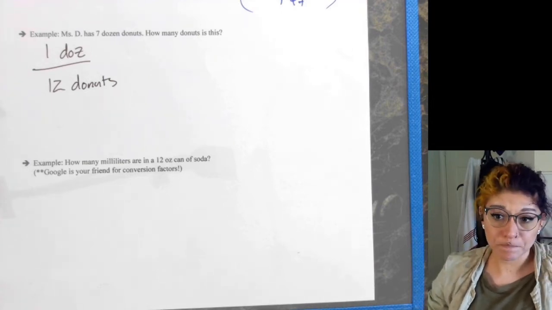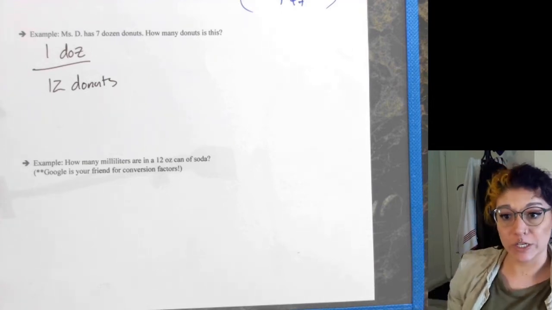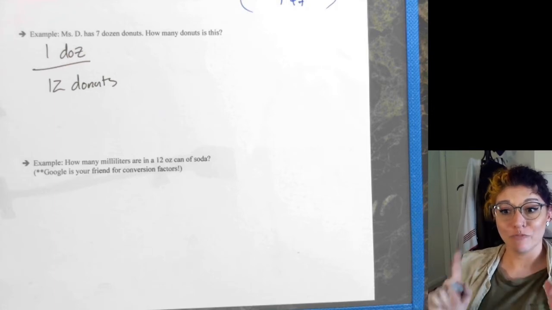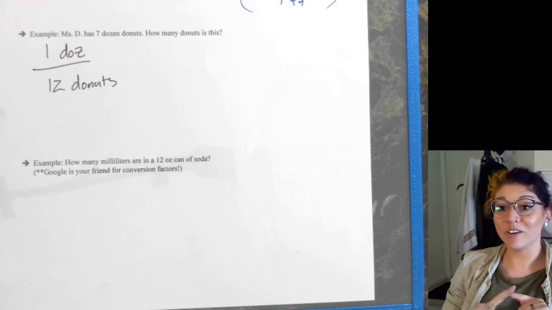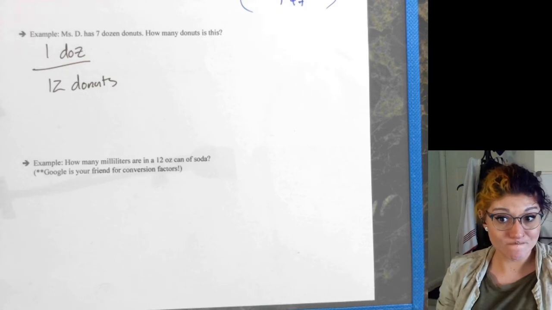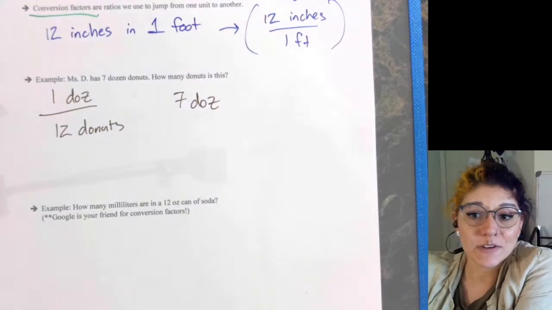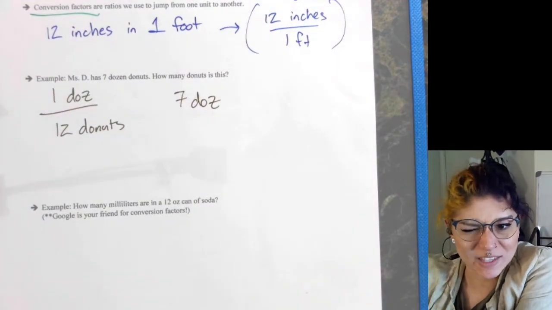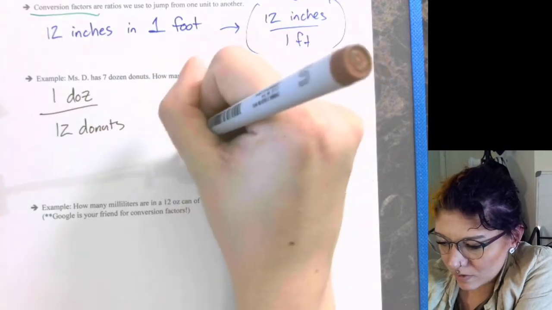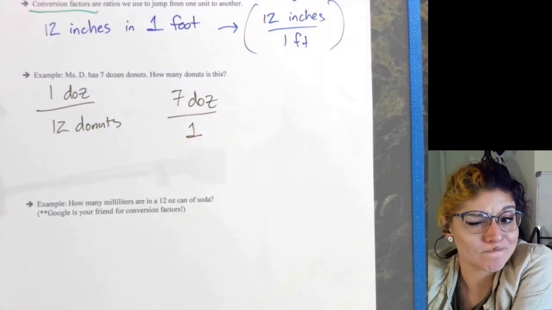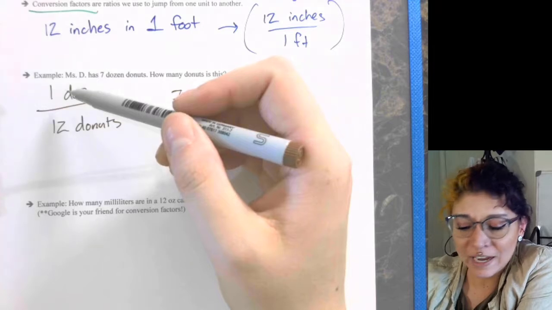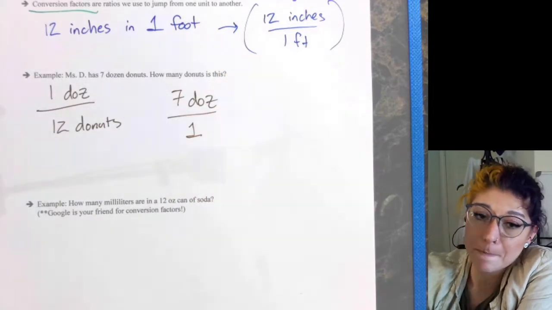What you're going to do is set up your fraction so that the units you want gone cancel out. So I know I have 7 dozen. So you can think of this like 7 dozen over the number 1, right? And I know 1 dozen is 12 donuts.